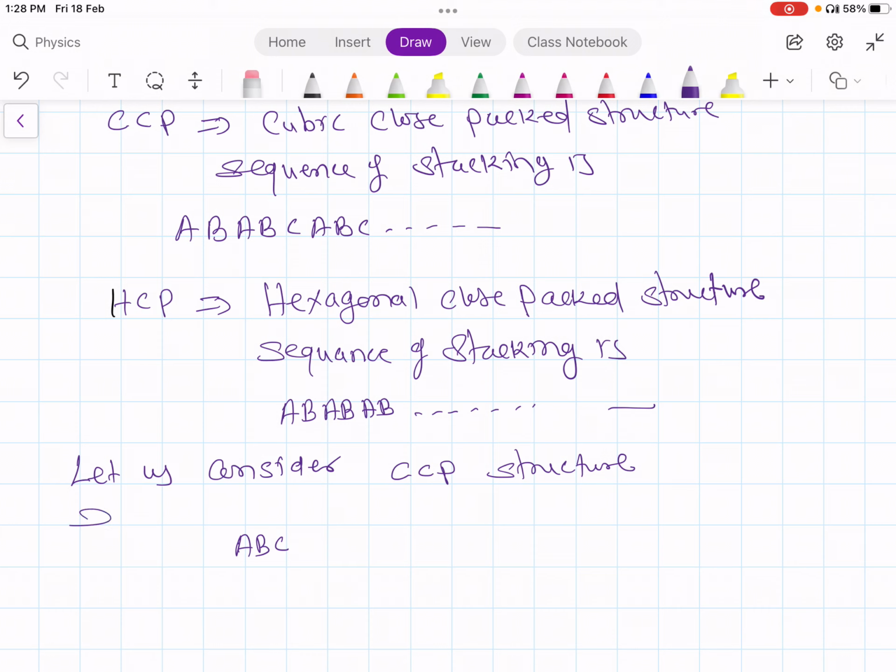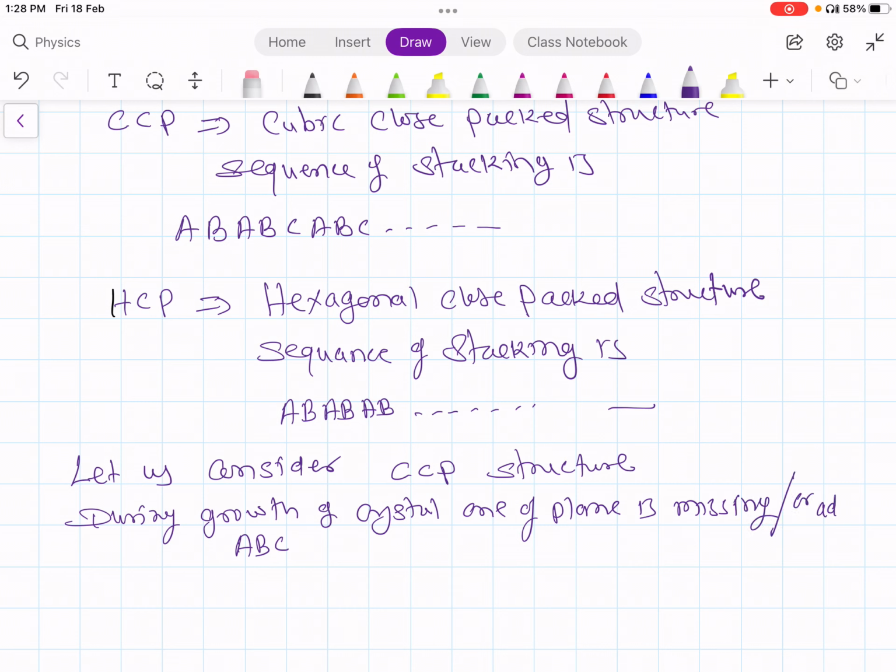During growth of the crystal, one of the planes is missing or added in it. Then what would be the sequence?